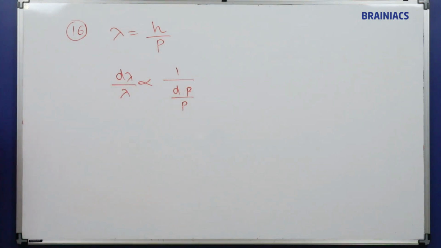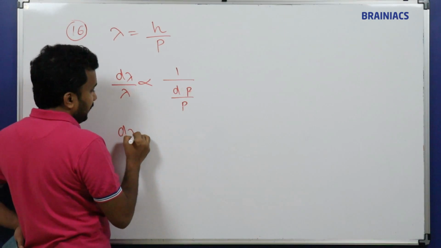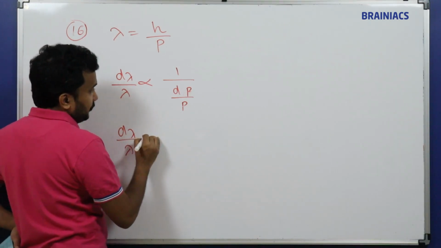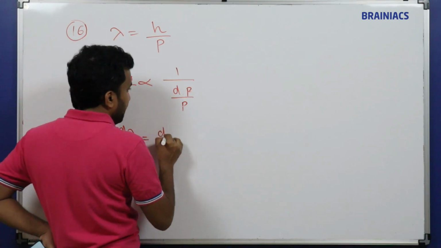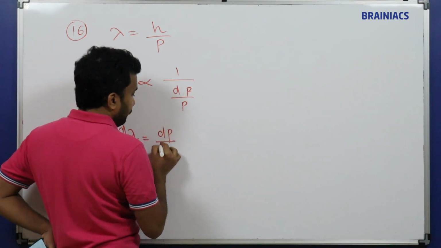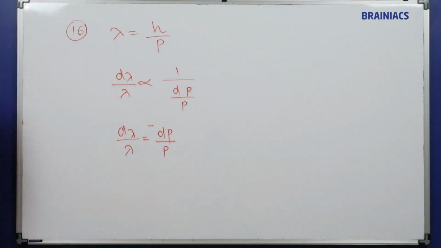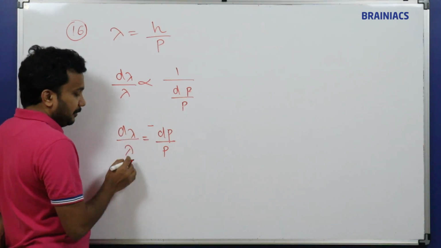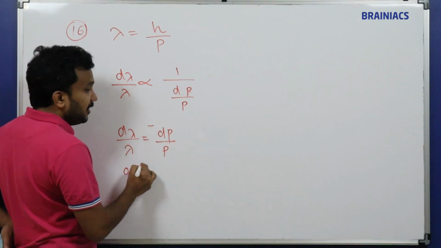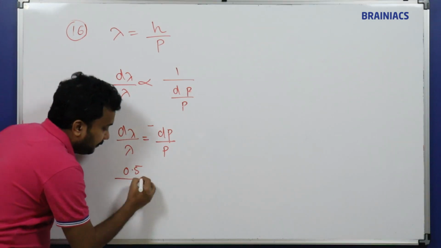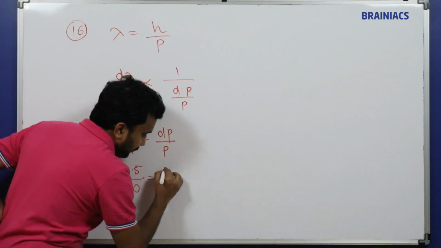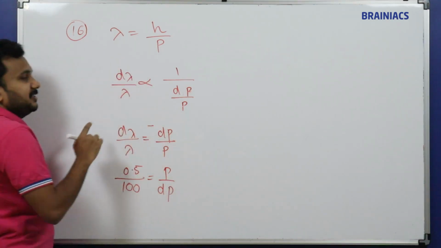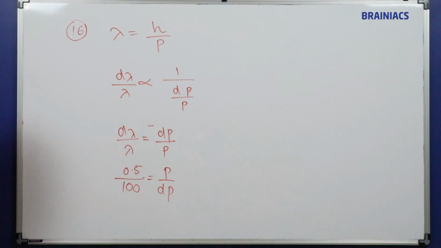In terms of differentiation with a constant, I can say dp divided by p with a minus sign. Now I know d lambda, the change of lambda with respect to lambda, is 0.5 divided by 100, which can be written the opposite way, p divided by dp. Then the minus is not there if you write it in the reverse way.